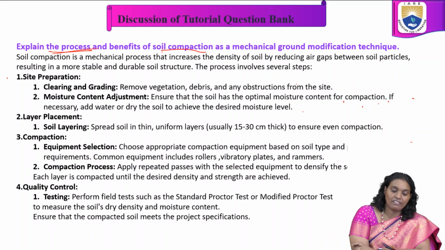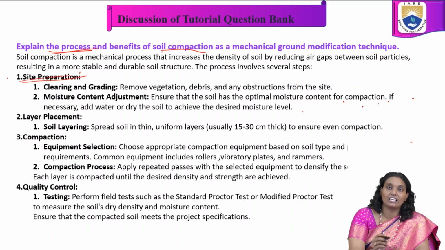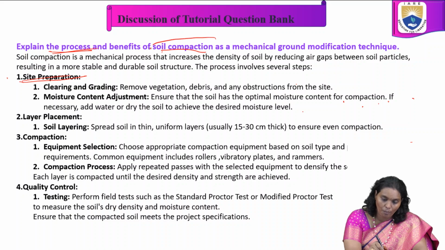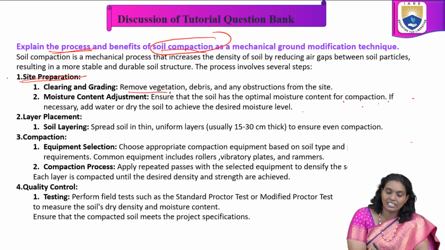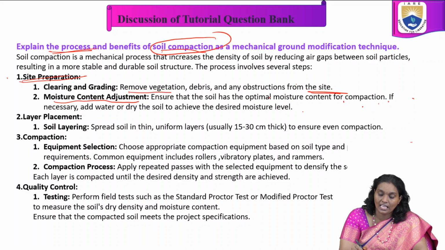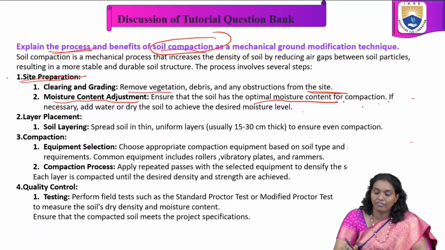So the first one is site preparation. In that, clearing and grading is the important parameter for soil compaction. So we remove vegetation and any kind of obstructions from the site. The next one is moisture content adjustment. Ensure that soil has optimal moisture content for compaction.